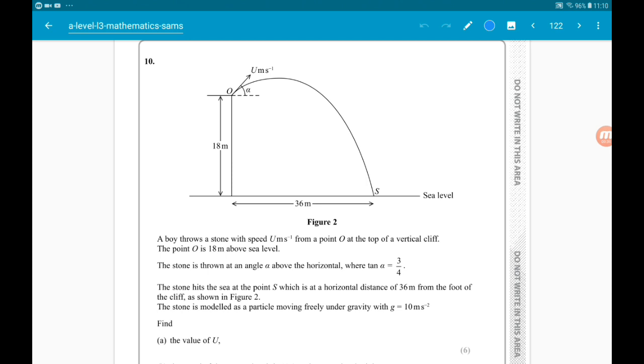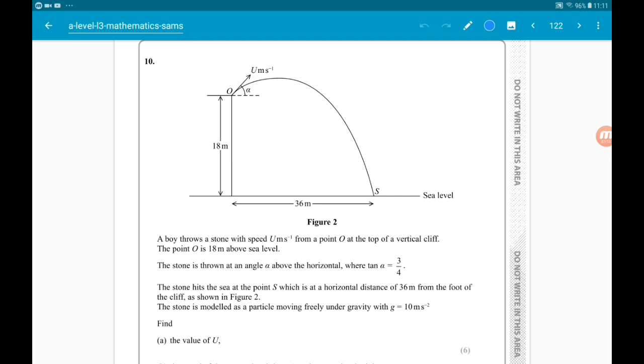The stone hits the sea at the point S, which is at a horizontal distance of 36 meters from the foot of the cliff, as shown in figure 2. The stone is modelled as a particle moving freely under gravity with g equals 10 meters per second squared. So that means no resistance forces horizontally. Find part A, the value of u.